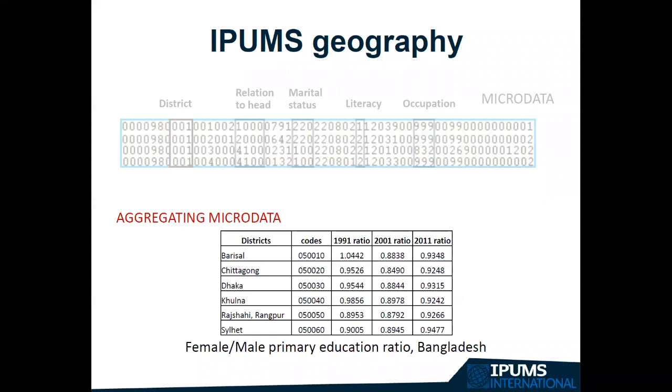We have aggregated the data to the primary level of geography in Bangladesh, that is districts. And we show the male to female primary education ratio for the 3 census years. From the table, there is more parity in 2011 than in 2001.